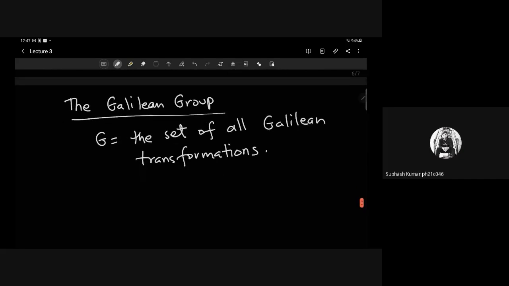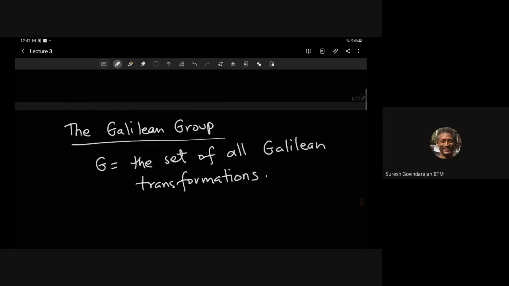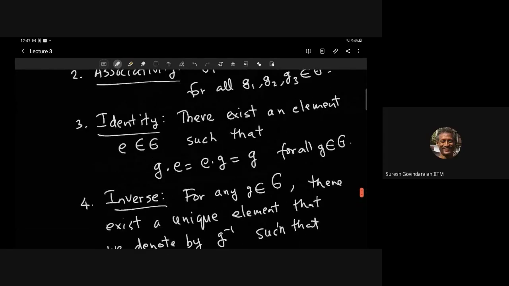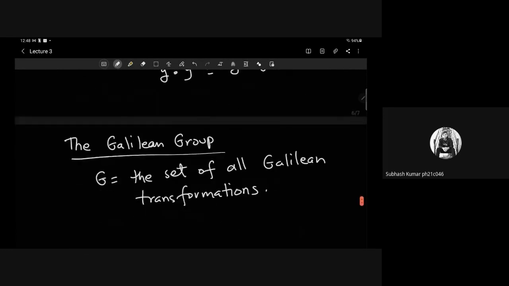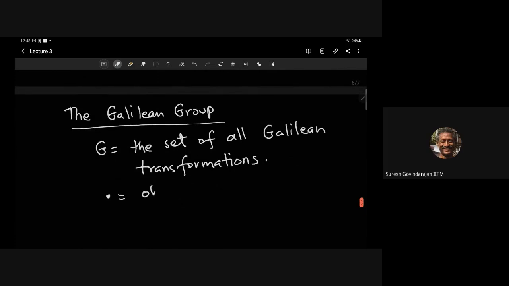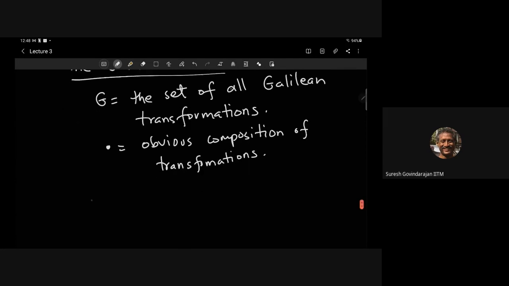So this E element is unique. And dot is the obvious composition of transformations. So G dot is the Galilean group.